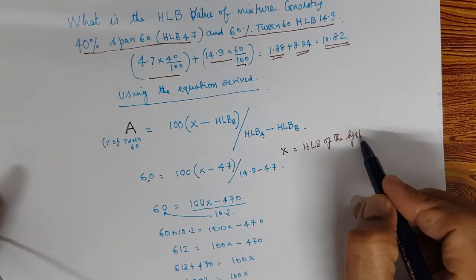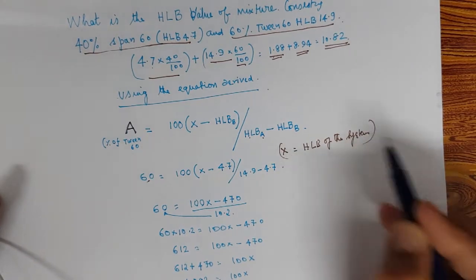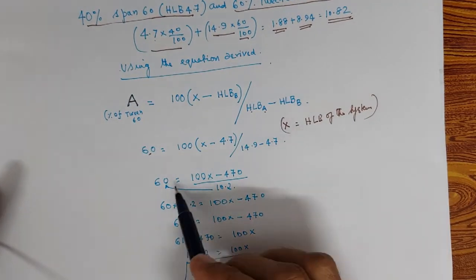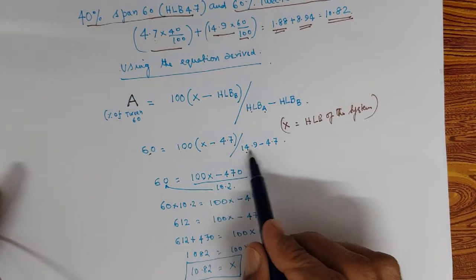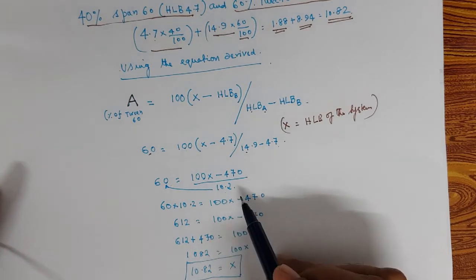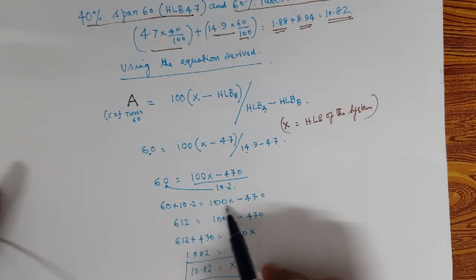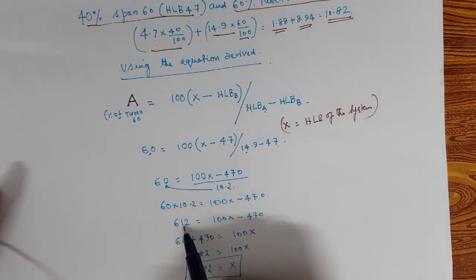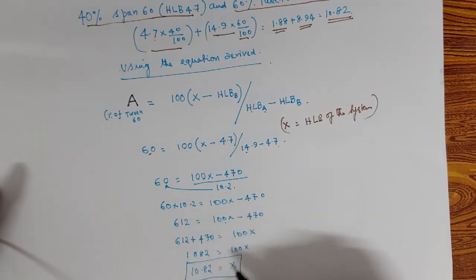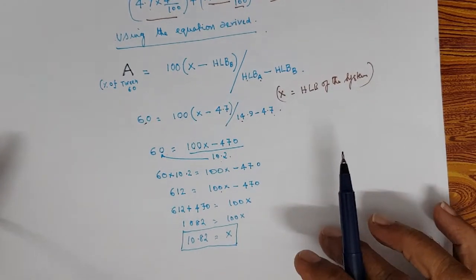That is what we are going to see, right? So, 60 is equal to 100x minus 470 by 10.2. 60 into 10.2 is equal to 100x minus 470. This is 612, 100x minus 470, right?